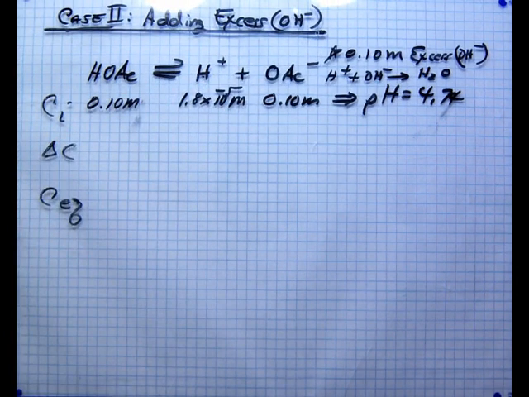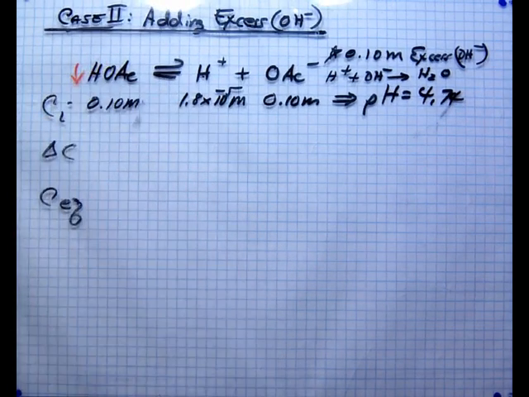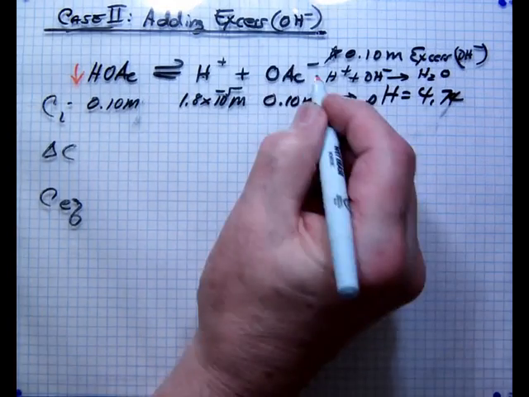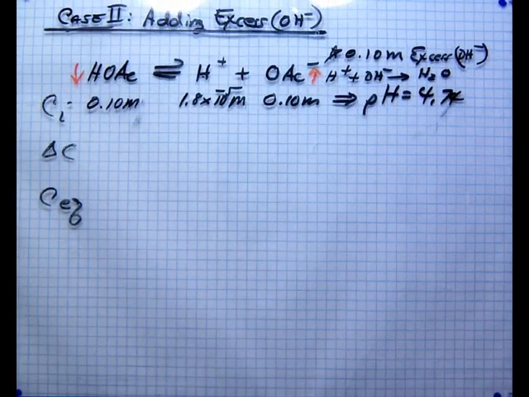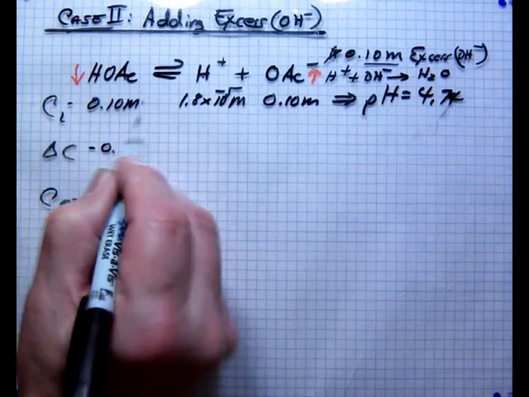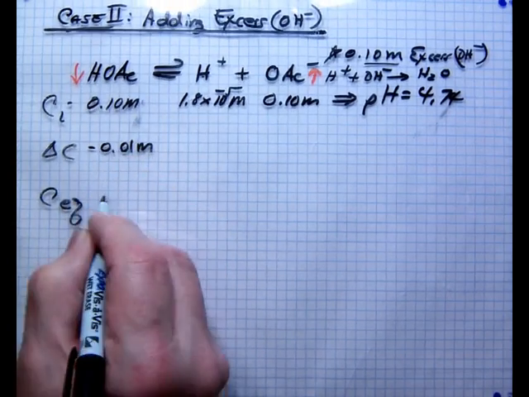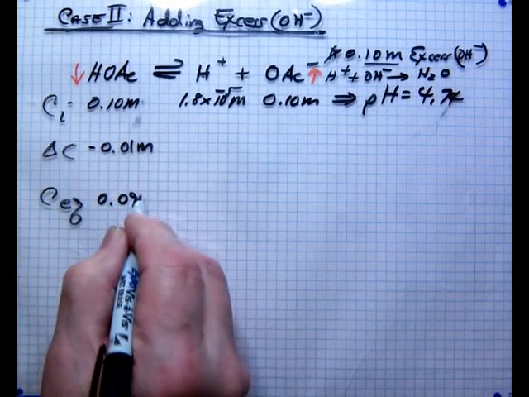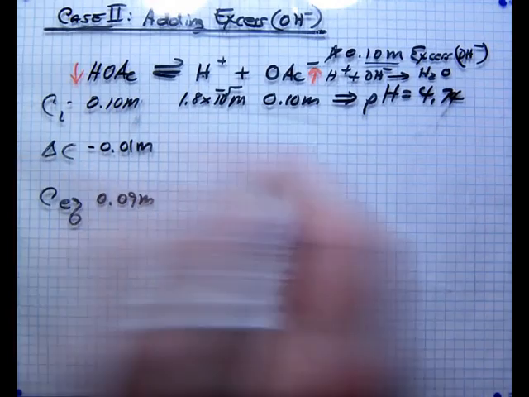So in the process, we're going to see the concentration of the acetic acid going down and the concentration of acetate going up by an amount equal to the 0.01 that we had to remove. So this goes down by 0.01 molar, leaving us 0.09 molar at the new equilibrium.